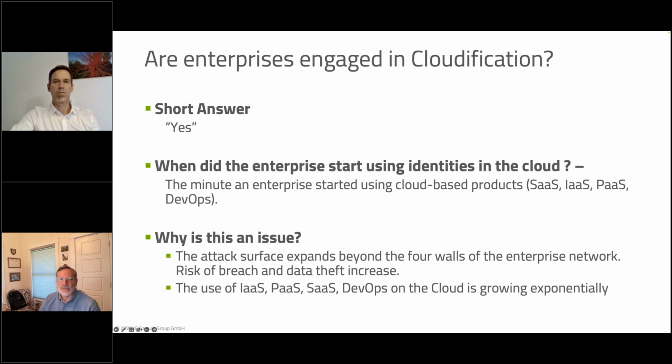And so this whole perimeter protection is breaking down to where we're having to protect smaller and smaller perimeters. And so that's become an issue as more and more of the services that are available being provided are being used by the enterprise. And that is growing exponentially, as you'll see in the next few slides.